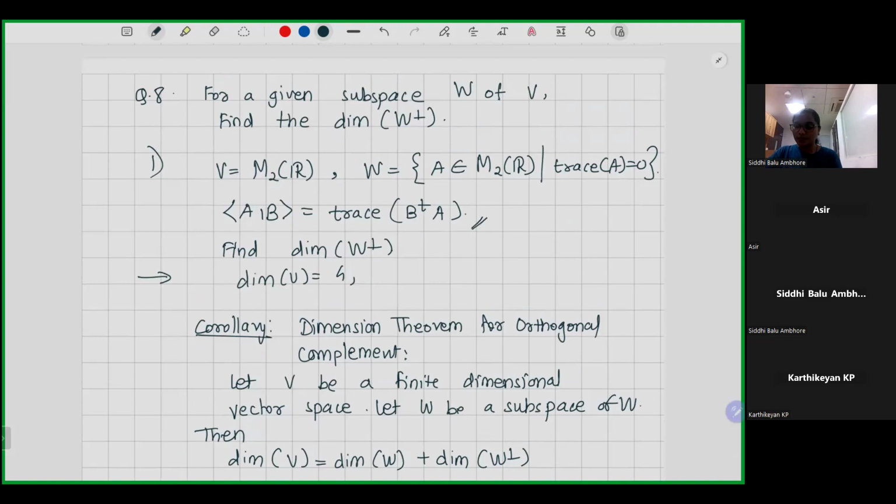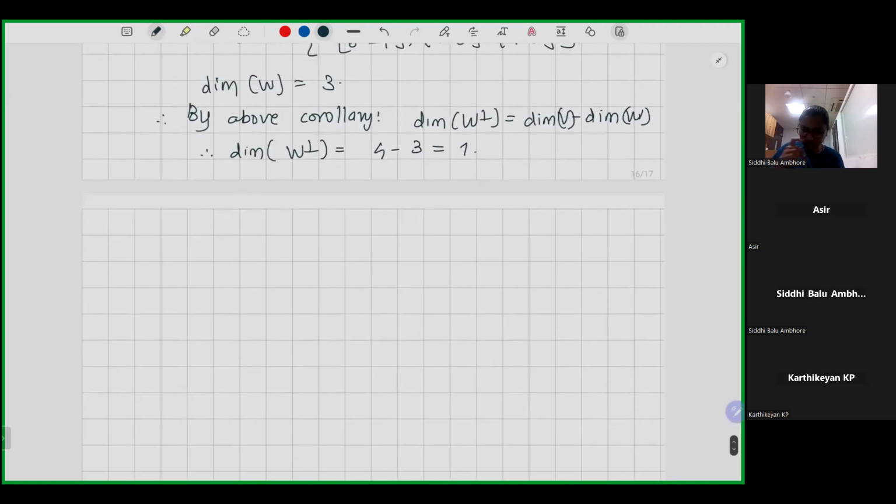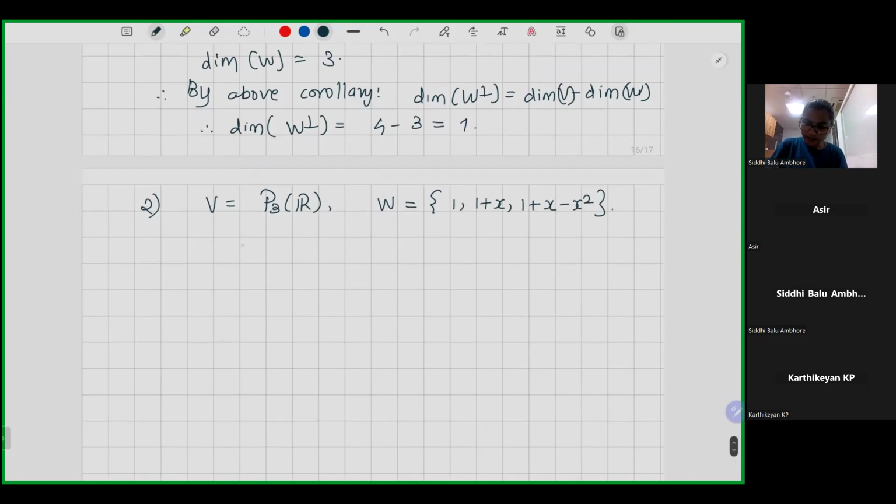Similarly, suppose V is P3(R) and W is the span of 1, 1 plus x, 1 plus x minus x squared, and the inner product is <f, g> equal to the integral from -1 to 1 of f(t)g(t) dt, which we already know.